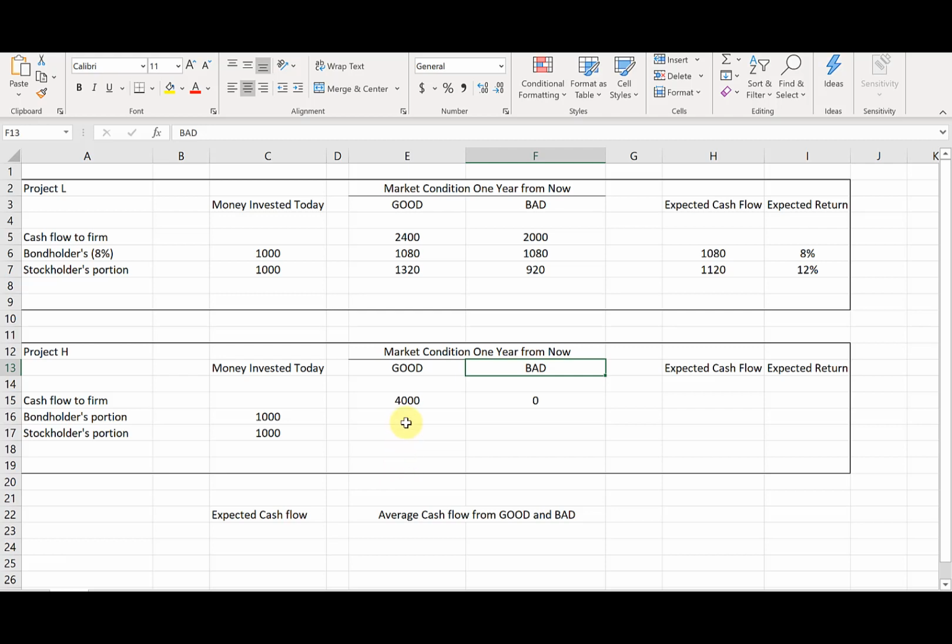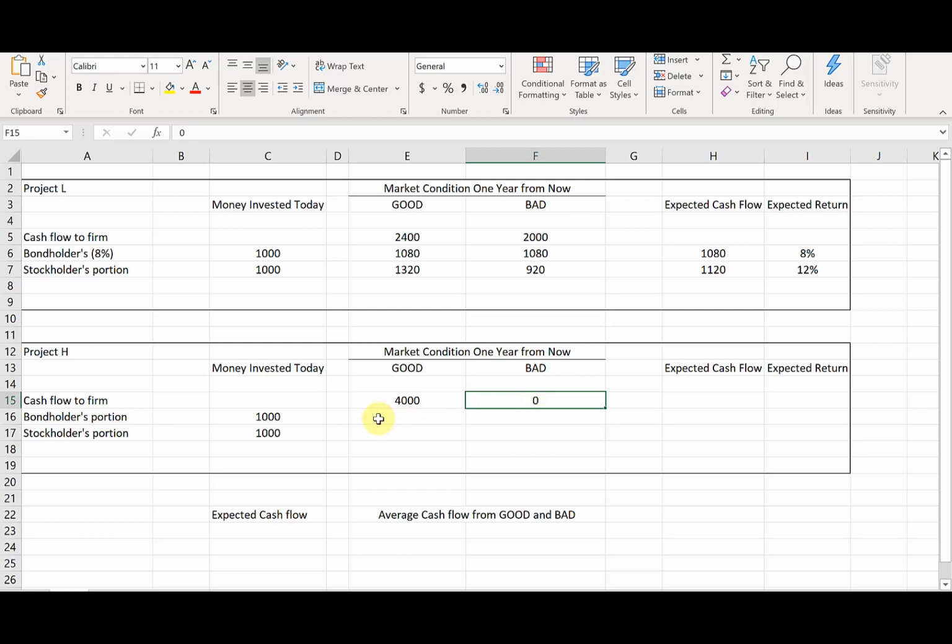If the economy is good in the high-risk project, the company will make $4,000 instead of $2,400 in Project L. But if the economy is bad, then the company will not make anything. So they're looking at two extremes, either making $4,000 if the economy is good, or making nothing if the economy is bad.